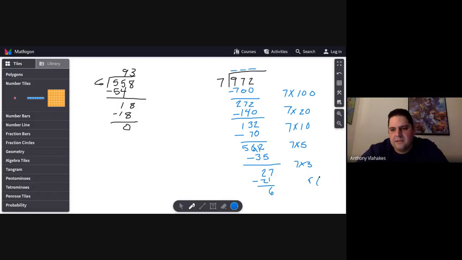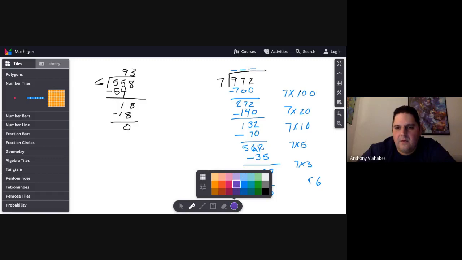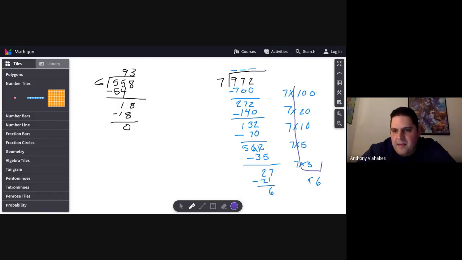So here is how we find our answer. What I'm going to do now is take all these numbers that I multiply by 7 and add them up. And I will have hundreds, tens, and ones. So it's going to be 100 plus 20 plus 10 plus 5 plus 3 and a remainder of 6.